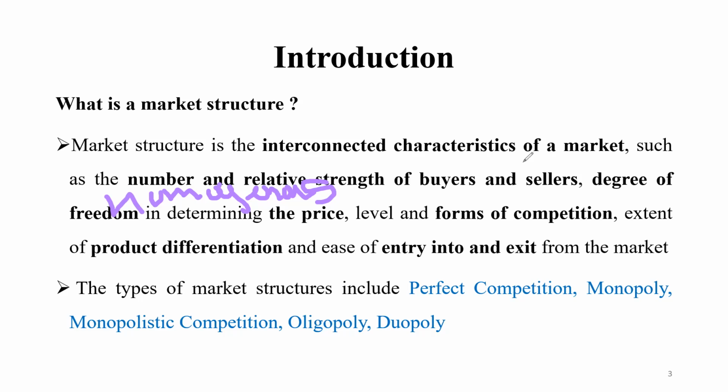So here we can identify differentiation among products. In some markets there are similar products, in some markets differentiated products, in some markets standardized products. Likewise, we can identify different market characteristics.